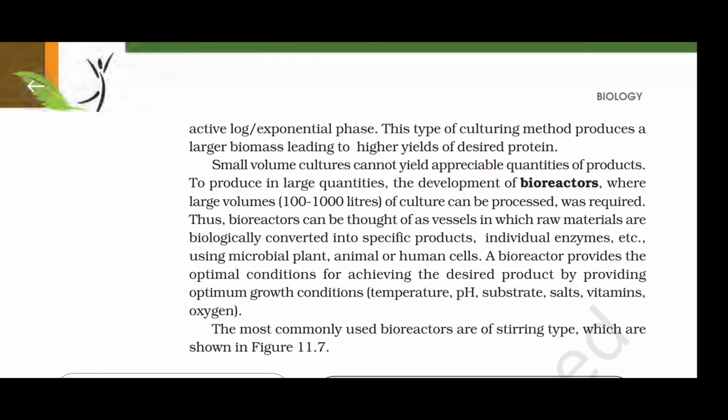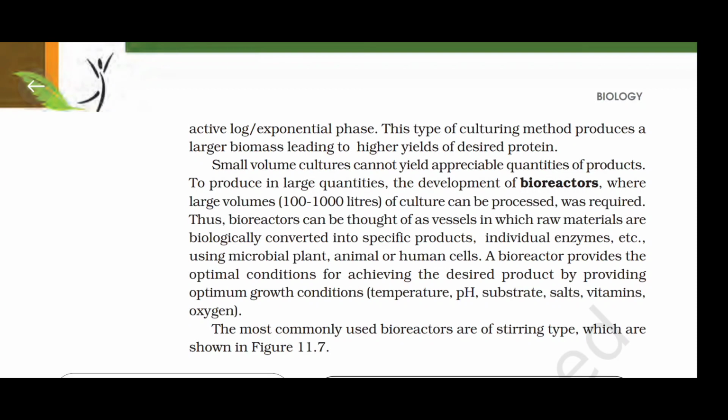To produce in large quantities, the development of bioreactors, where large volumes, 100 to 1000 liters of culture, can be processed, was required. Thus, bioreactors can be thought of as vessels in which raw materials are biologically converted into specific products, individual enzymes, etc., using microbial, plant, animal, or human cells.